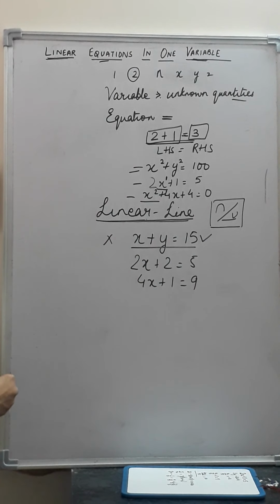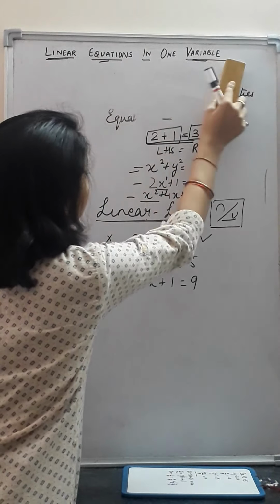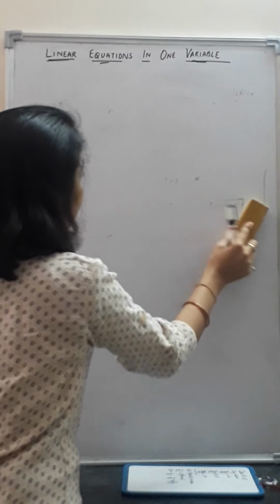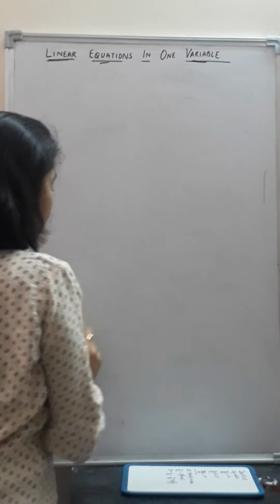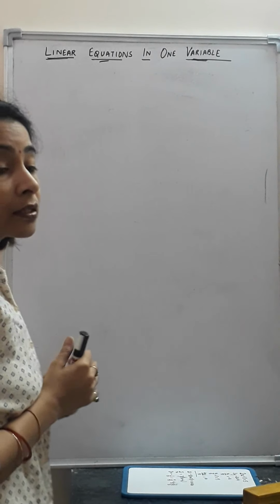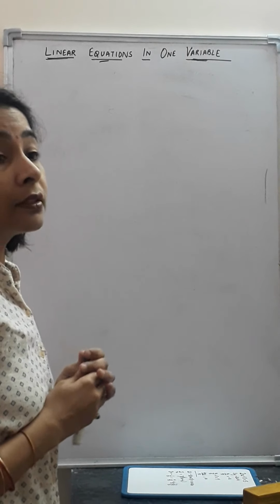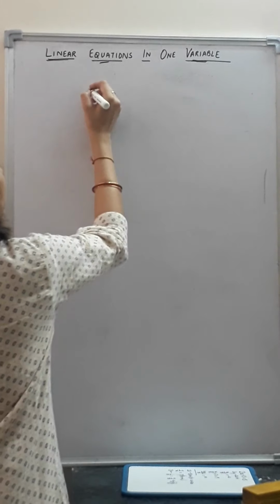Now, regarding the equation, as I told you, the expression on the left hand side of the equation is called LHS, and the expression on the right hand side of the equal to sign is called RHS. Now these equations need to be solved.